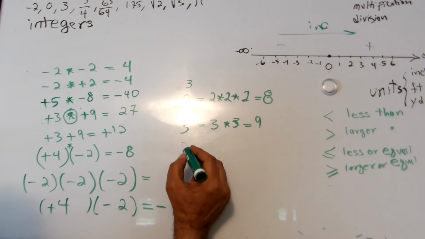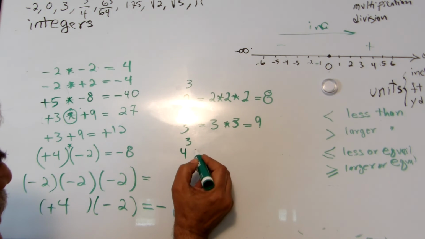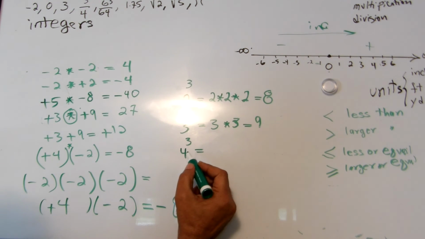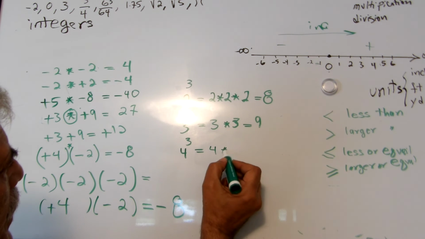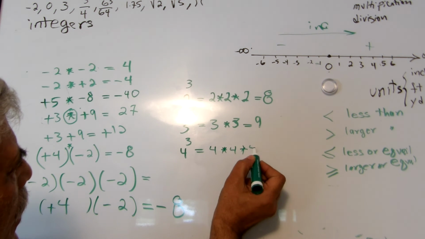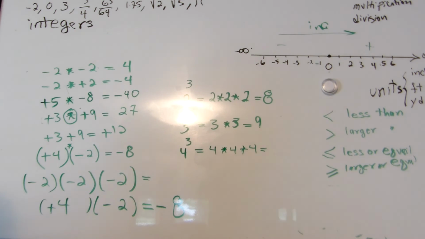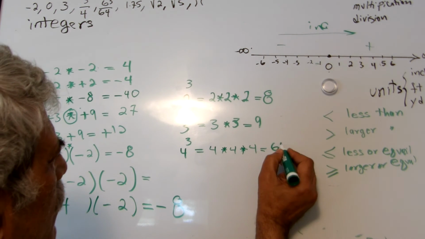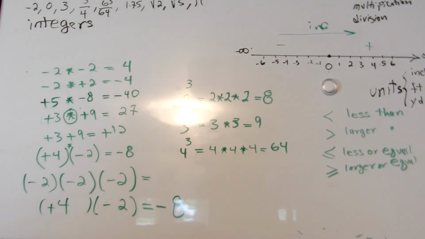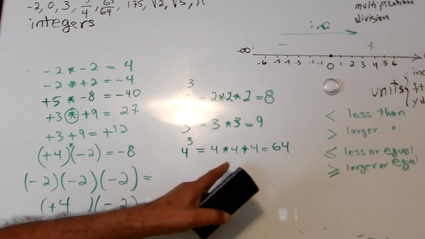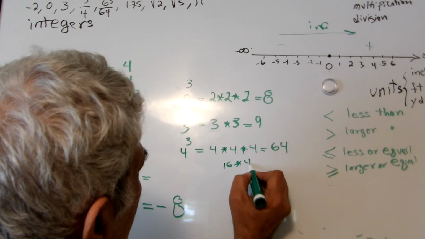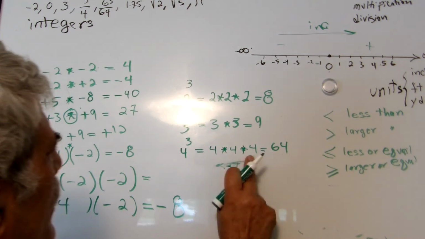For your practice, say 4 to the power of 3. What's it going to be? 4 times 4 times 4. 4 times 4 is 16, and 16 times 4 is going to be 64.